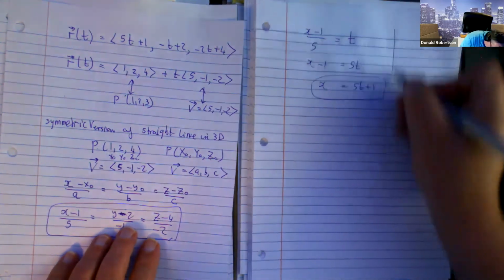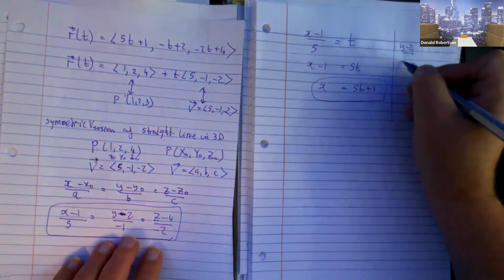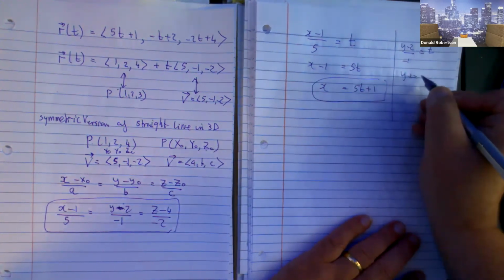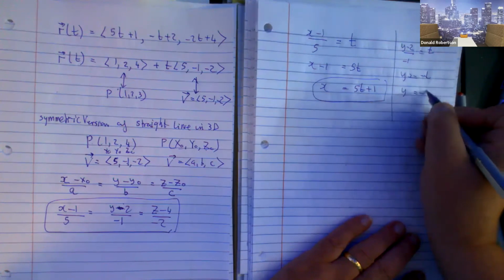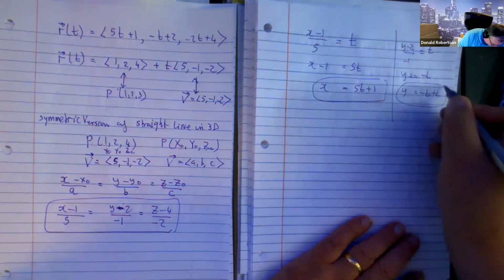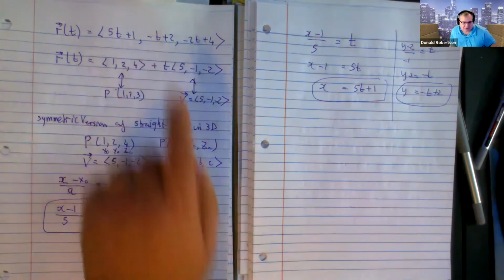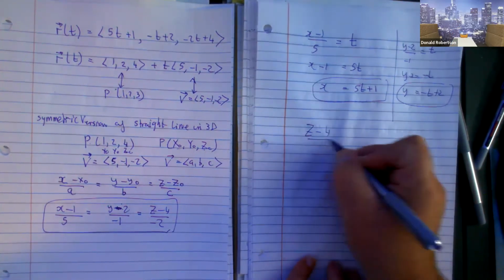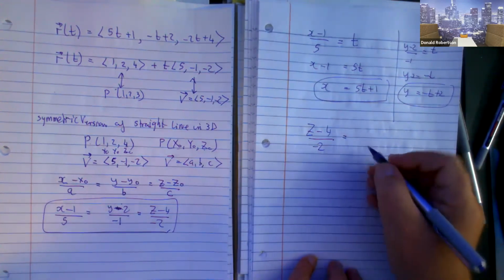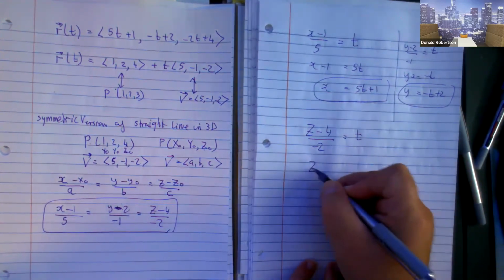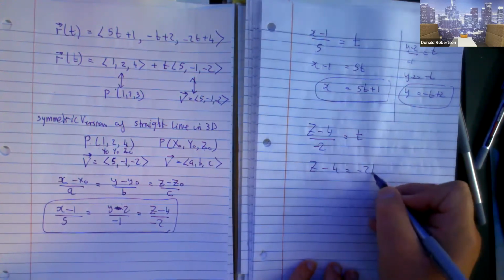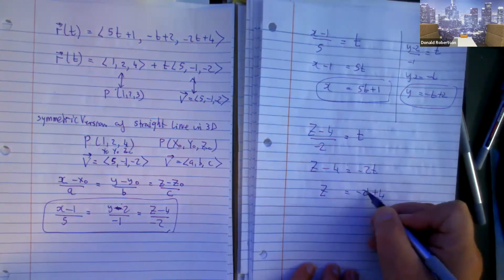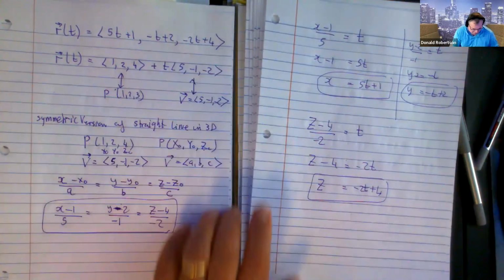If you take the second one, which is (y minus 2) over -1, make him equal to t, a little cross multiply, and then add the 2, which gets you that guy. And then for completeness sake, you do this one, which is (z minus 4) over -2. Make that equal to t. Do a little cross multiply. And then add 4. And there's your third guy.